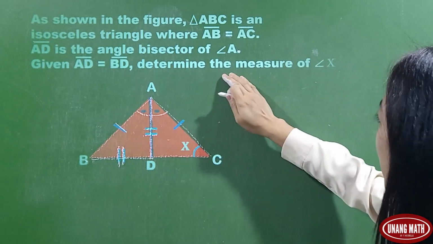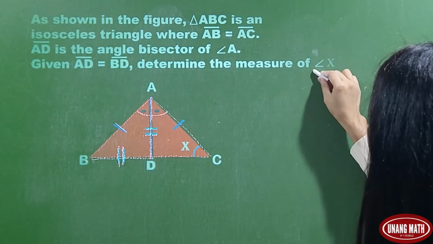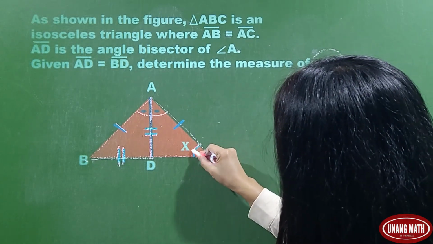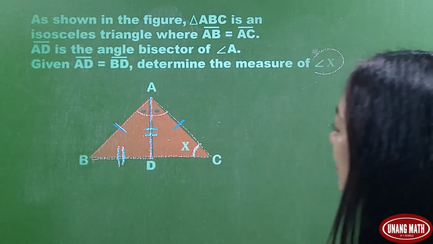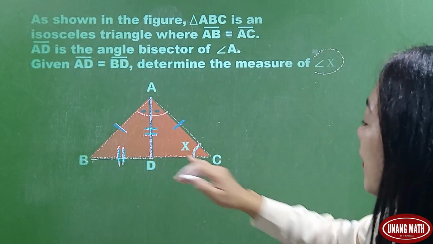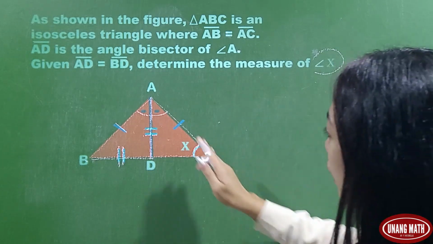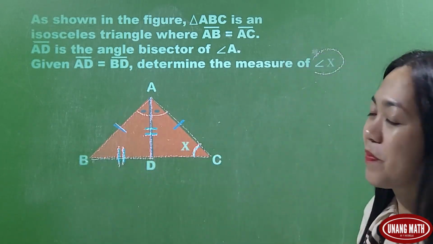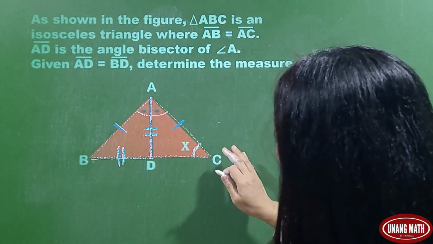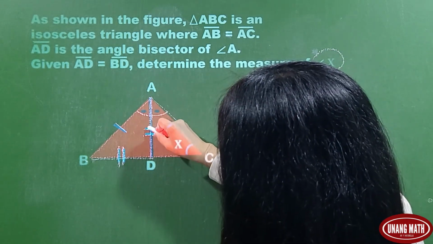We will determine the measure of angle X. So where's angle X? This angle. What will be the measure of angle X? As indicated in this figure, ABC is an isosceles triangle, and we have here an angle bisector.